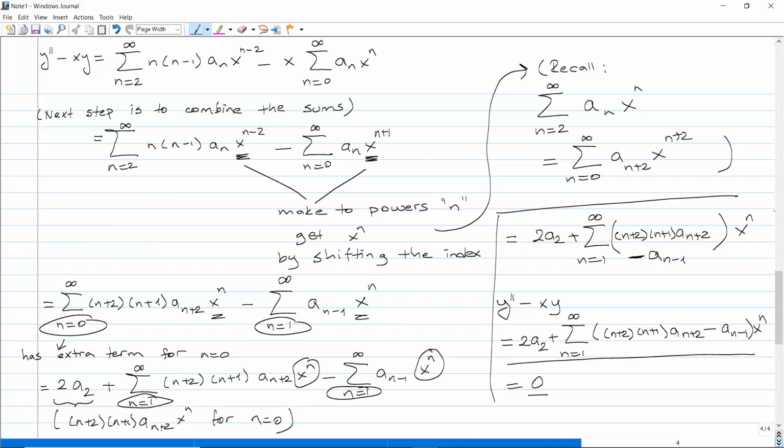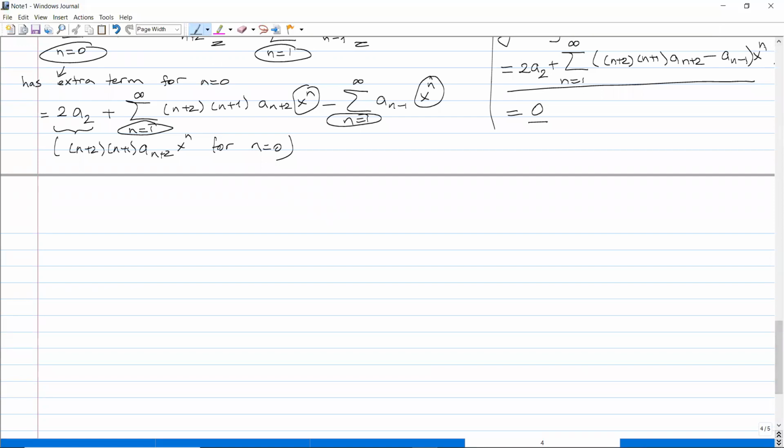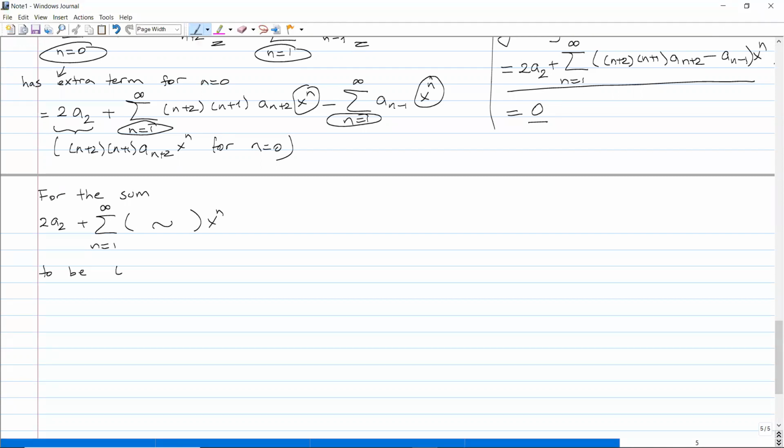So let me write this down. So for the sum 2a2 plus n from 1 to infinity, this thing, whatever it is, times x to the n, to be 0, all coefficients of different powers of x must be 0.